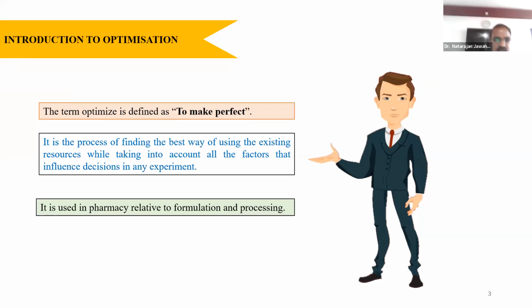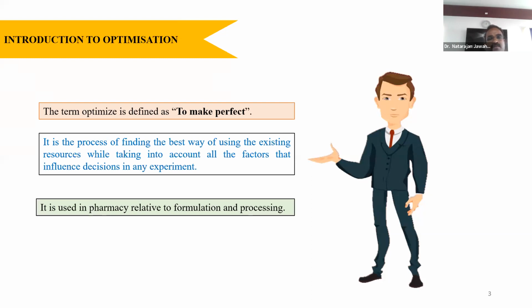In a simple way, we can say optimization is the process of finding the best way of using the existing resources while taking into account all the factors that influence decisions in any experiment. So we need not go with any new excipients. Whatever excipients are already available are used in the formulation, and from that itself we will come to understand which factor has more influence on our response.